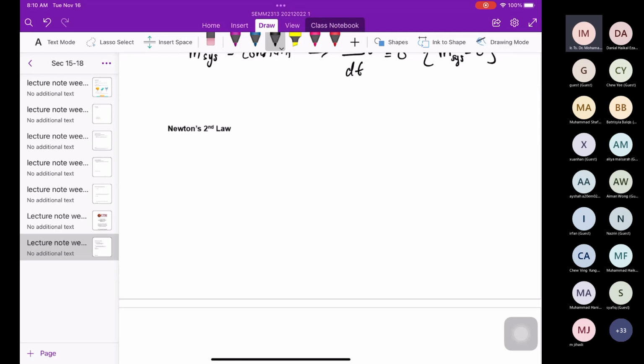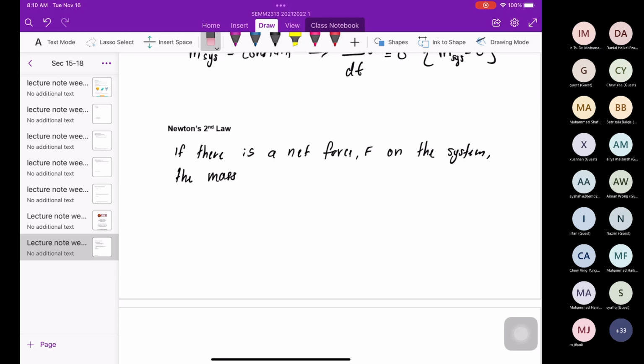And Newton's second law, on the other hand, if there is a net force F on the system, the mass in the system will accelerate.